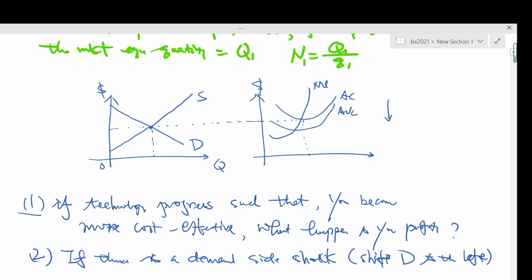For example, if this is a market for coffee, and the shock is that there's a decrease of tea price. Coffee and tea are complements to each other. So a decrease in tea price increases the demand for tea, and decreases the demand for coffee. So demand for coffee shifts to the left. What happened, in both short run and long run?